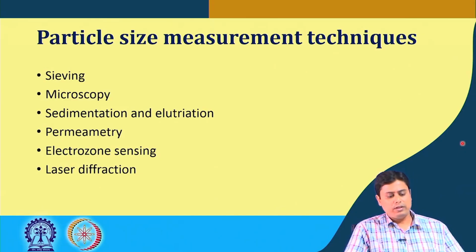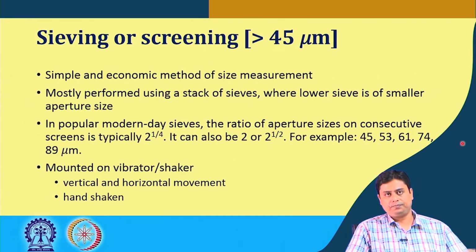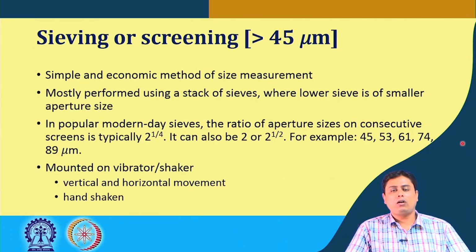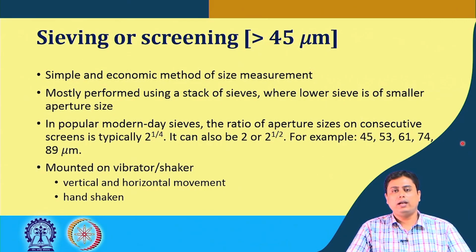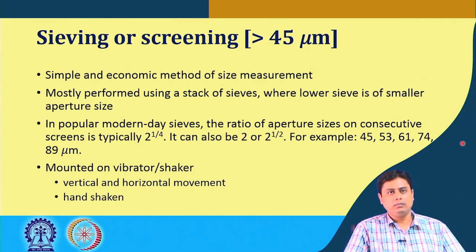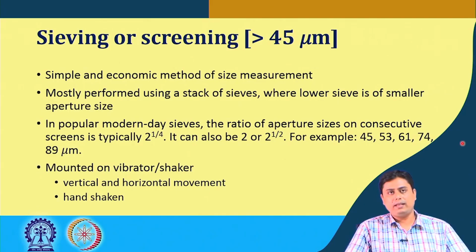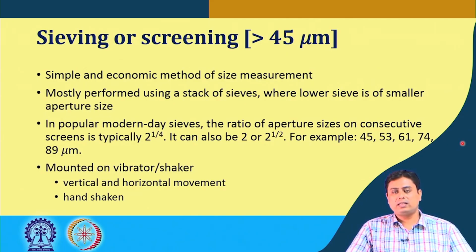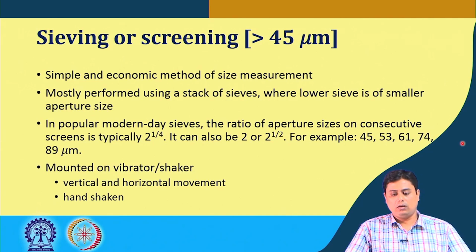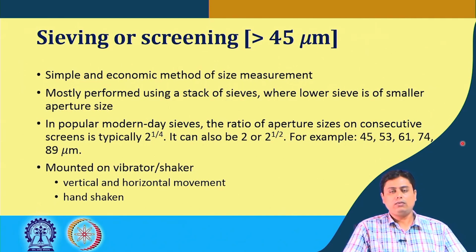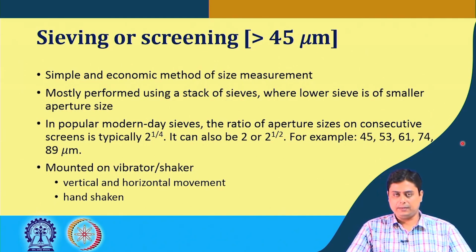First of all we will start with the sieving methodology. Sieving, also popularly called a screening mechanism, is the simplest and most economic method for size measurement. It is mostly performed using a stack of sieves, where the lower sieve has a smaller aperture size.